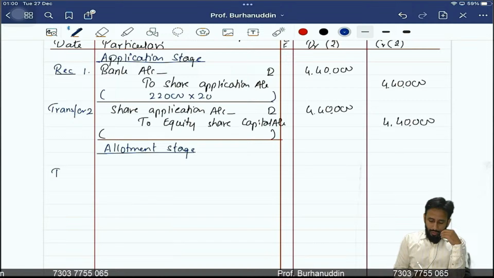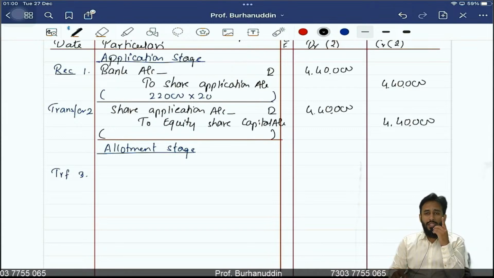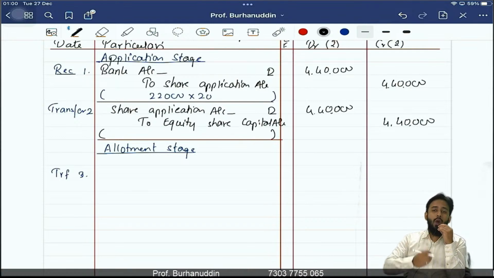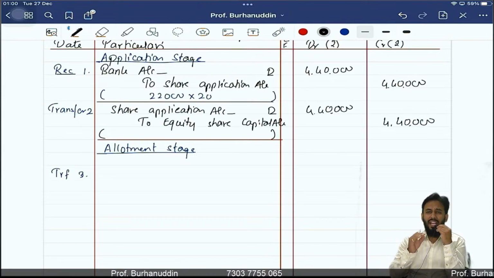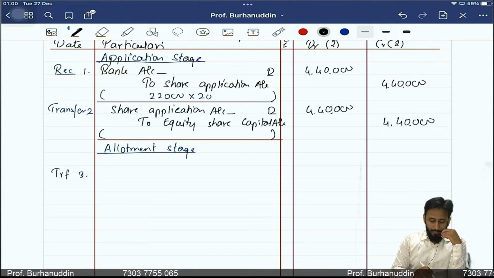The very first entry will be your transfer entry. I told you last time also that you do not know how many applications you are going to receive, but you do know how many shares you have and how much amount you will be calling from your shareholders. I know exactly from whom I have to recover how much. So in the first stage it is receipt then transfer, and in all the other stages it will be transfer and then receipt entry.